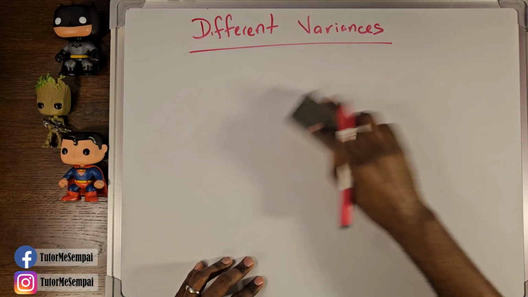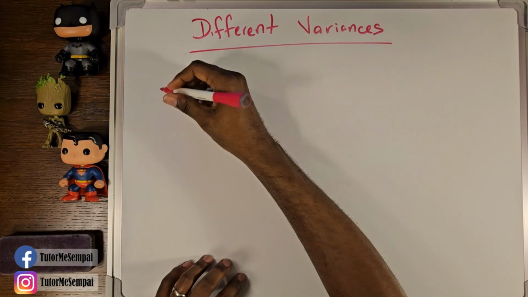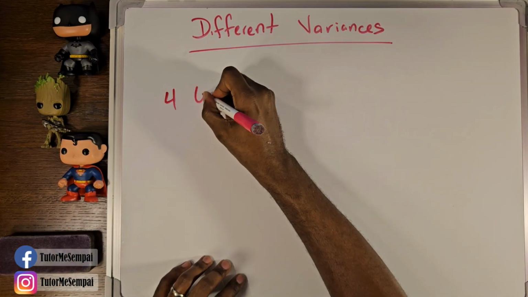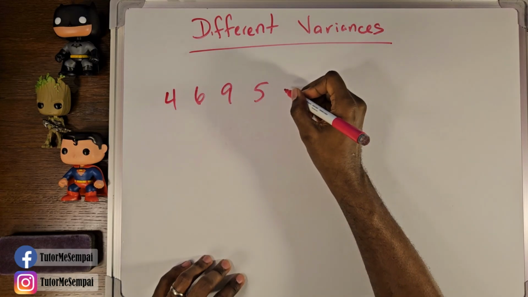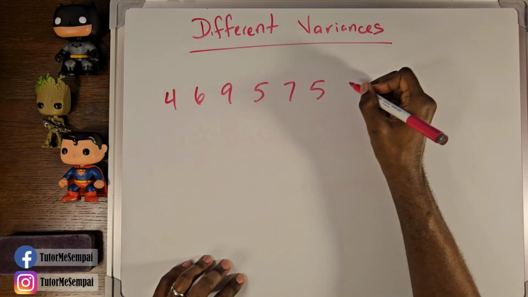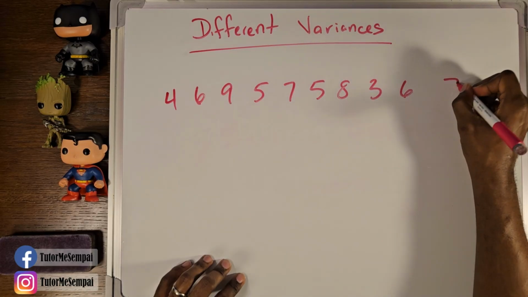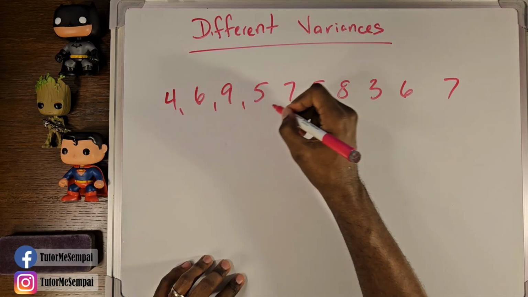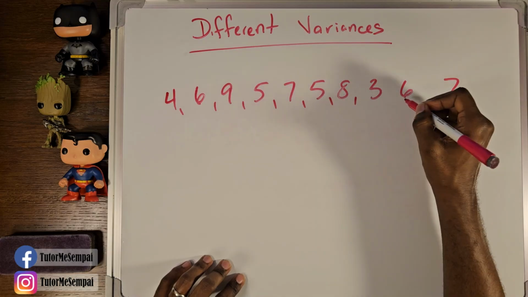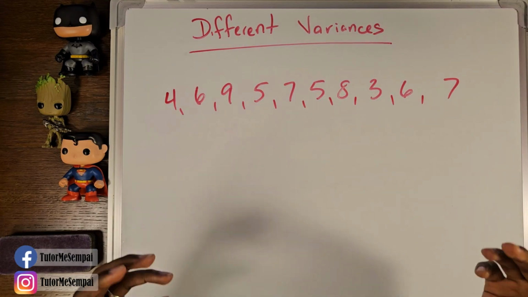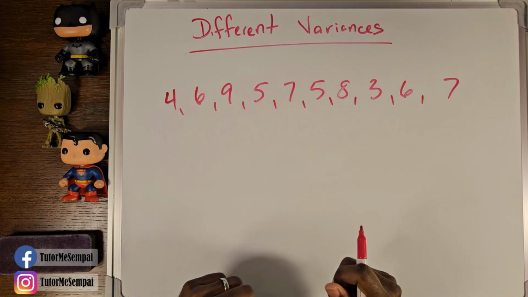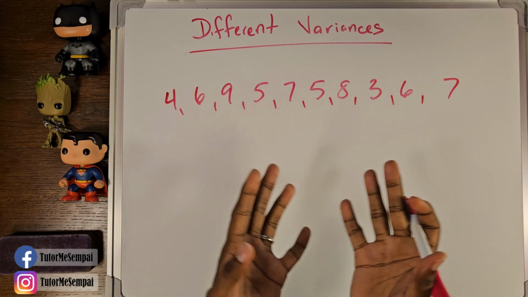Now, if I were to give you a bunch of numbers, let's say 4, 6, 9, 5, 7, 5, 8, 3, 6, and 7, and I told you to find the variance, that's not too difficult. As long as you have the formula, you can find your variance.